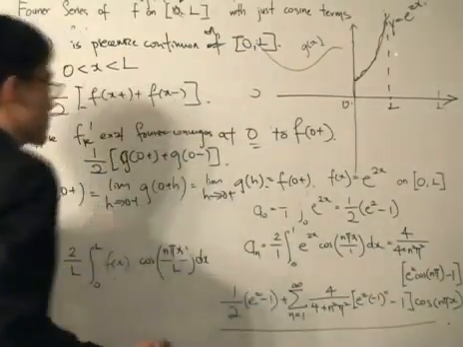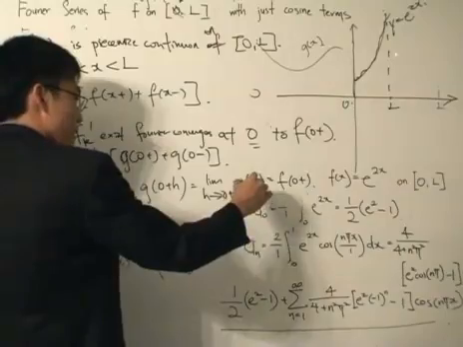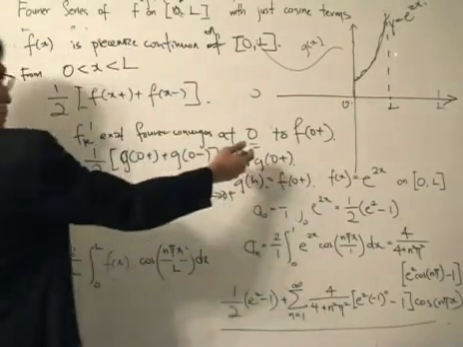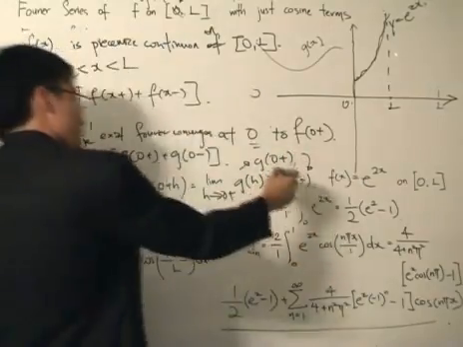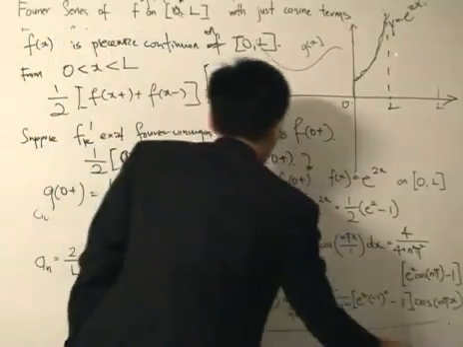I hope you can see that, because h tends towards 0 from the positive side, right? Why? Because again, from 0 to L, the function f is equal to g.